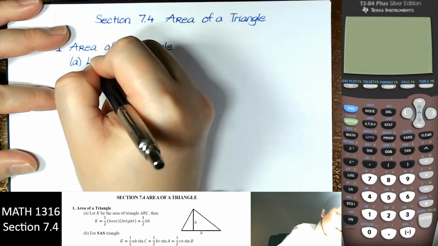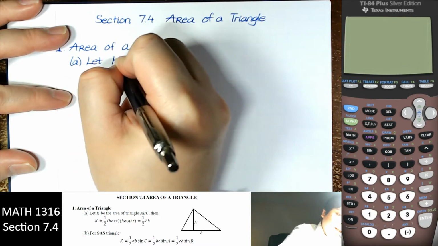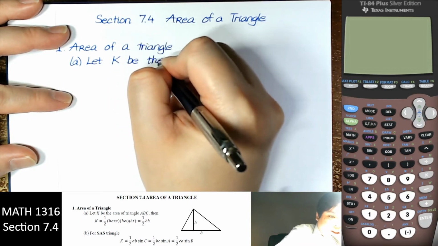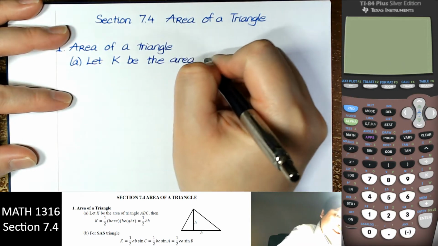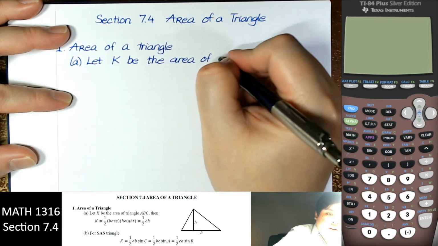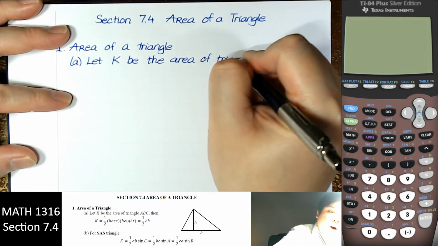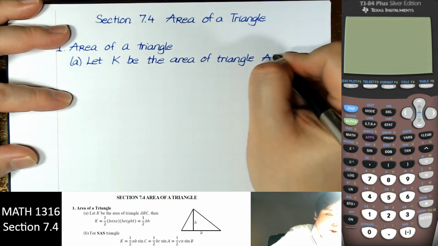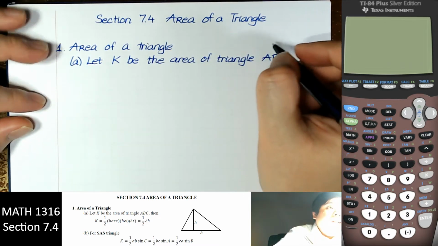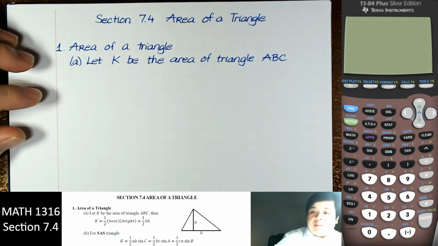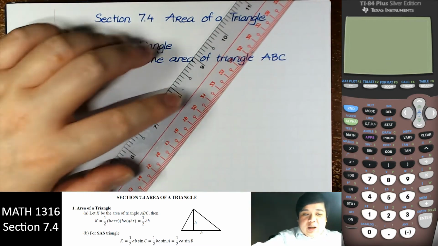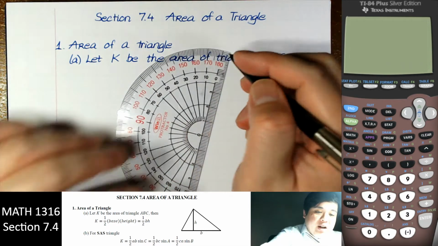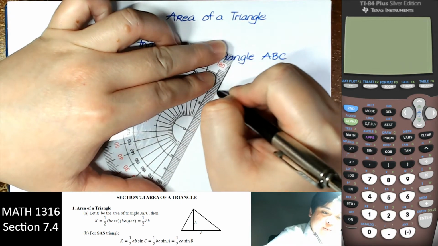So first, let K be the area of triangle ABC. We will not use A for area, because for the triangle we usually have ABC, so we don't want to use A anymore. The first and most fundamental formula for the area of a triangle is just 1/2 base times height.